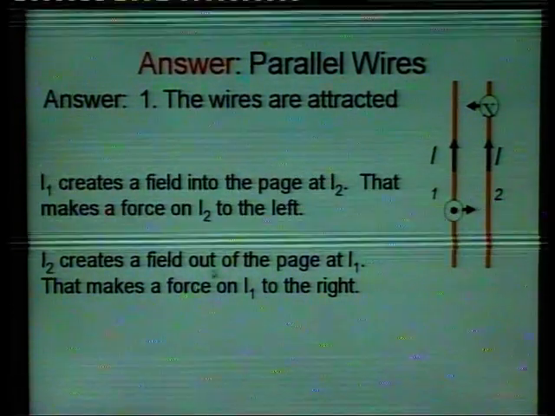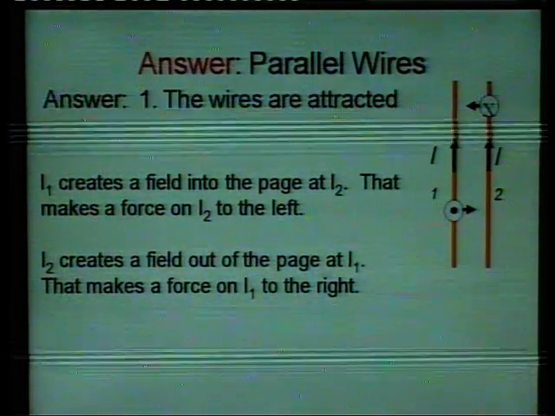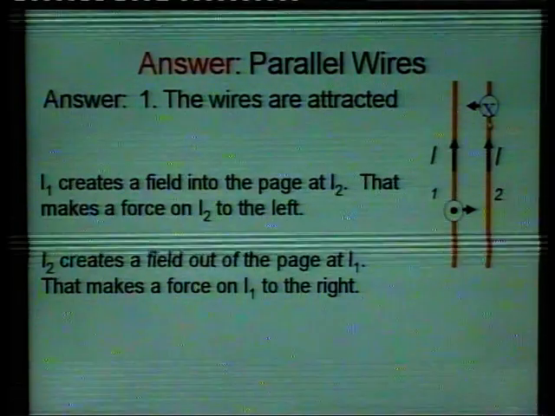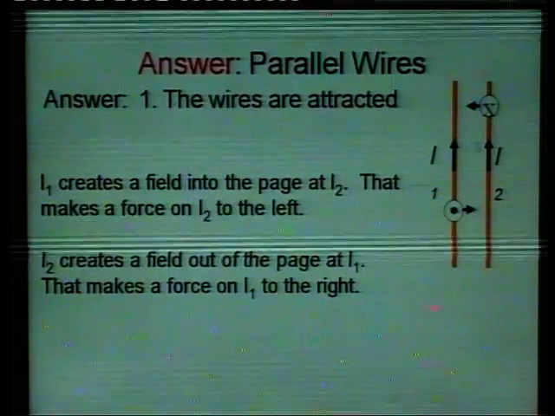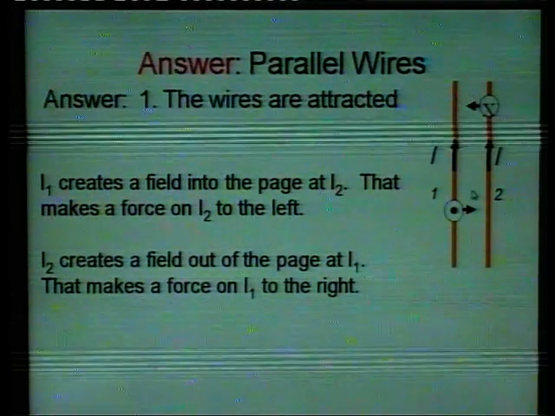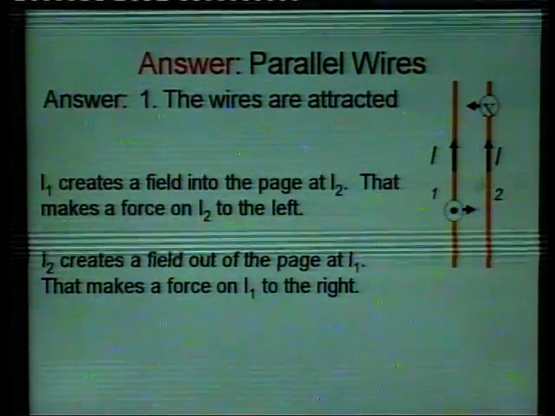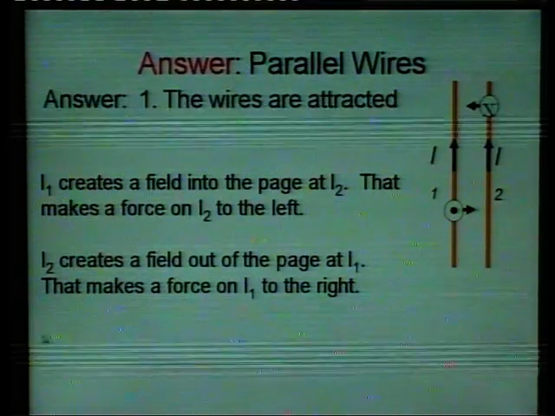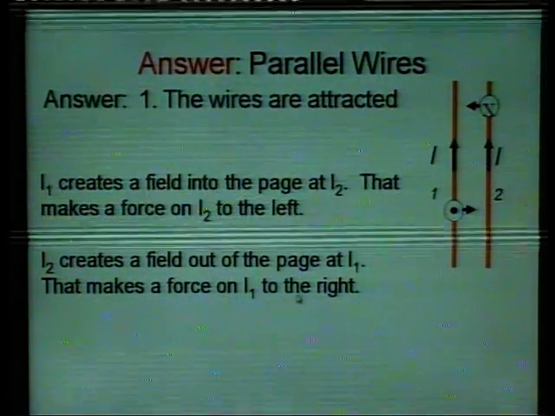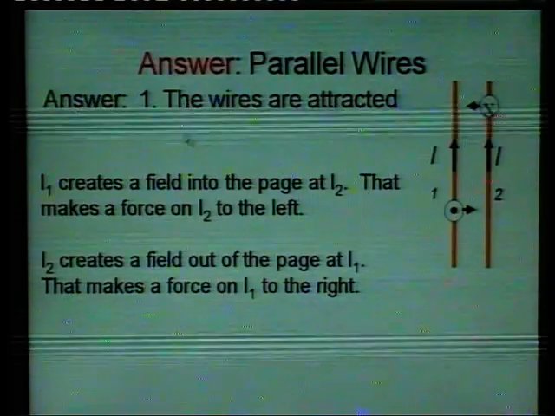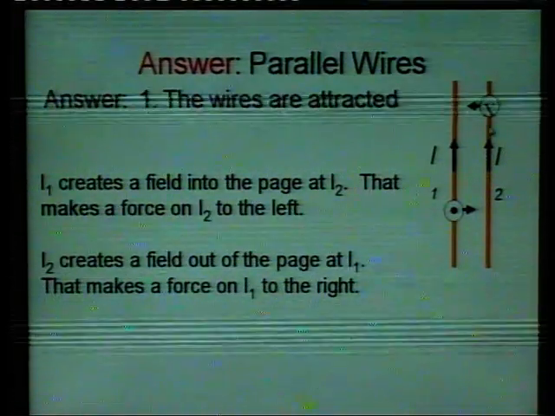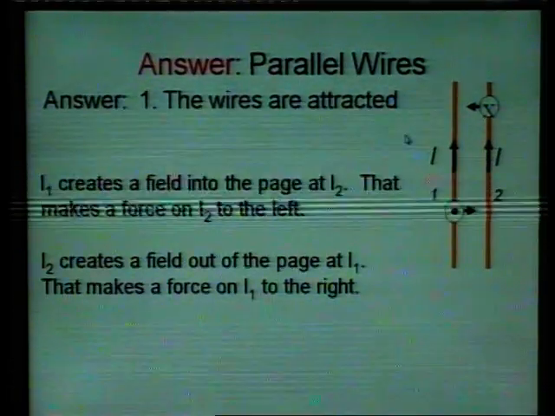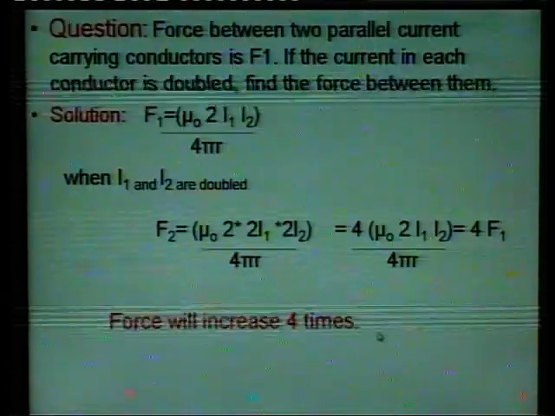Similarly, I2 creates a field out of the page at I1. Here the fingers go inside from this side and come outside, so the field is out of the page here in the center. These two fields will attract each other. This makes a force on I1 to the right. So the wires are attracted. When the current is moving in the same direction in parallel wires, the wires are attracted.